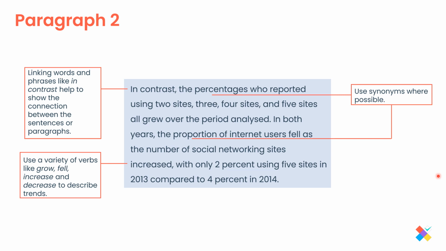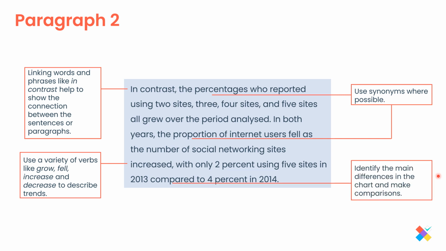You might say, oh yeah, sure, I can write seven sentences in 20 minutes. But these are complex sentences, and these are the result of planning beforehand. Okay? And again, we have identified the main difference in the chart and made comparisons where possible.